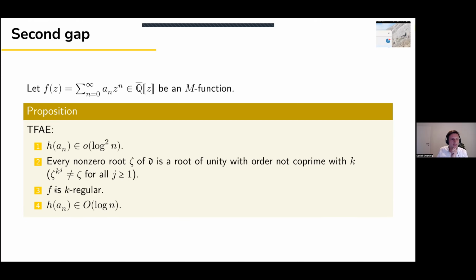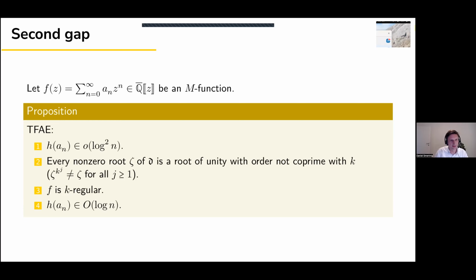And this is also equivalent to f being k-regular. So here the proof is a bit technical. It's really analysis, looking at what happens analytically if you have such a root and you approach it on a particular sequence, and you get a contradiction from that.